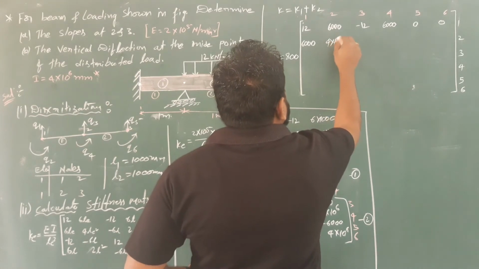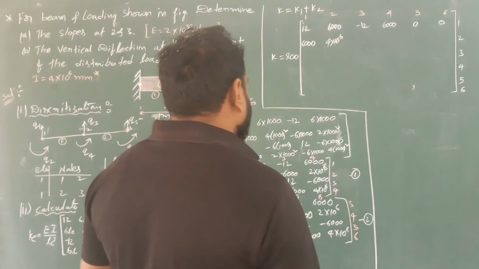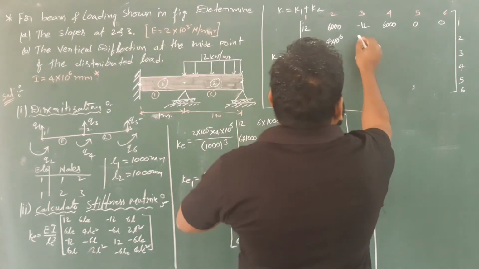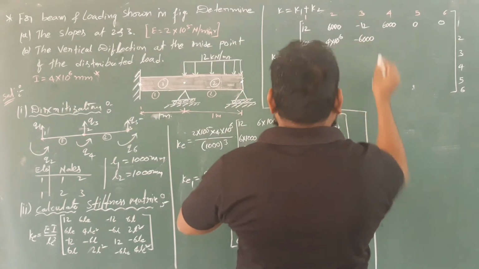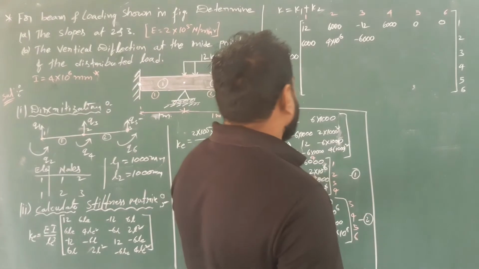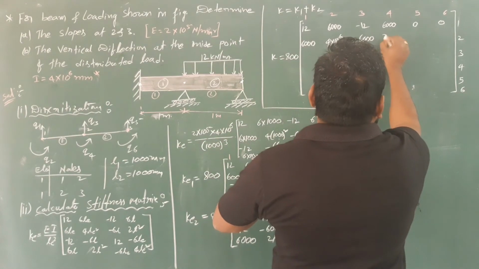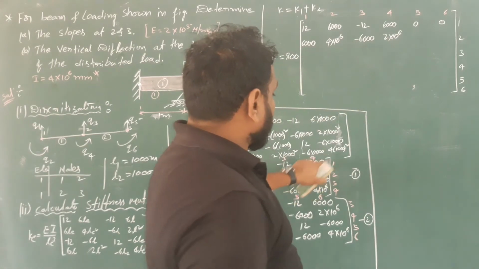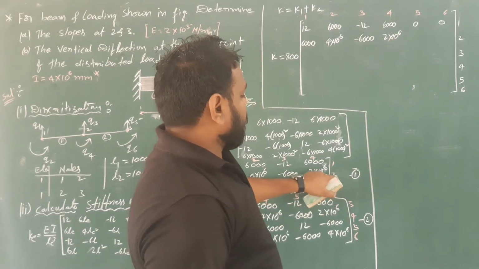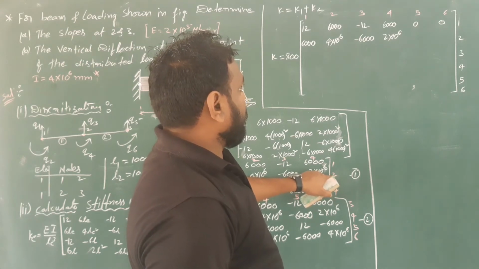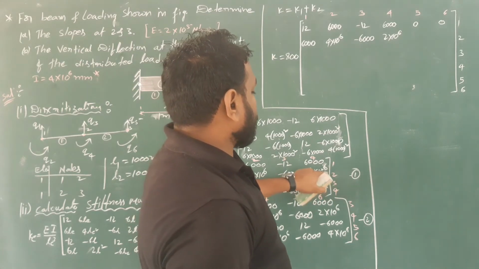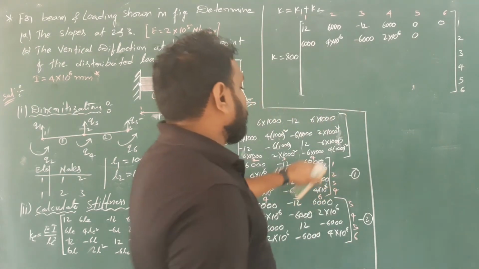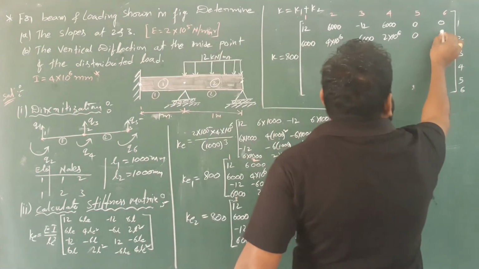Next, second row, third column is minus 6,000. Next, second row, fourth column is 2 into 10 to the power of 6. There is no cell in the fifth column, that is 2 by 4. Second row, fifth column, there is no component, so keep 0. And the sixth column is also 0.